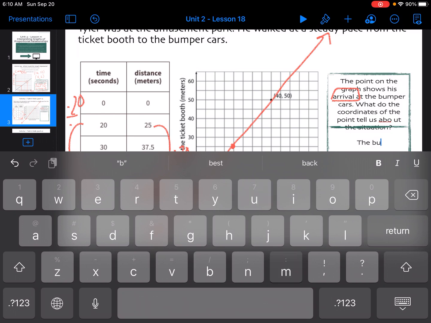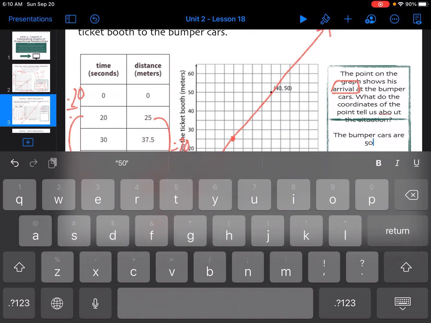The bumper cars are 50 meters from the ticket booth.